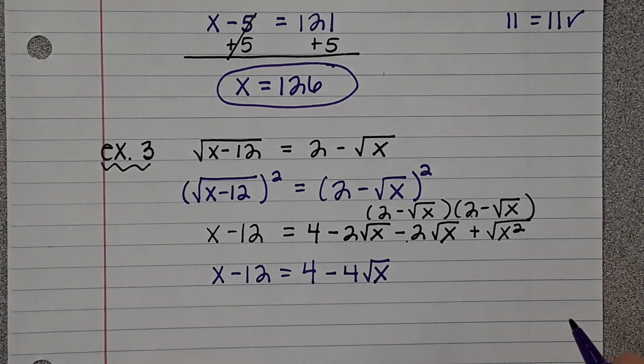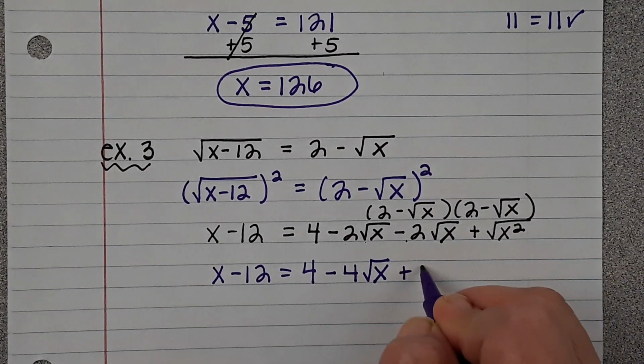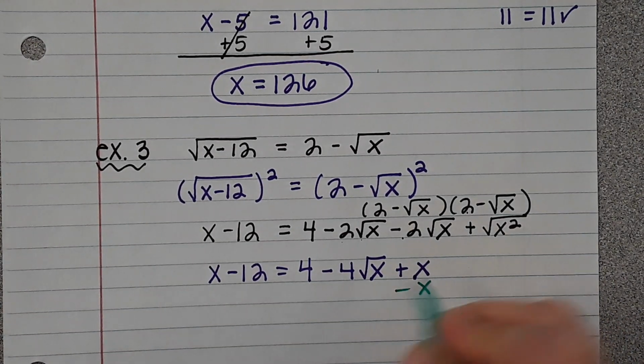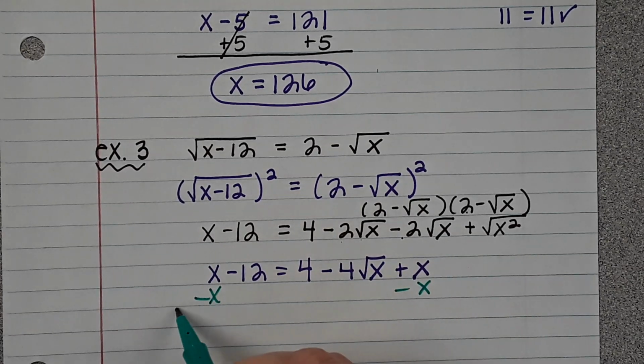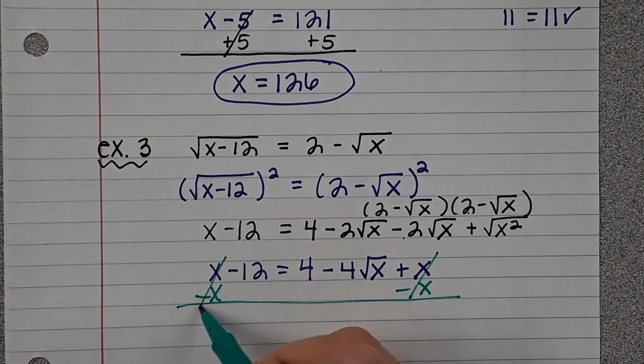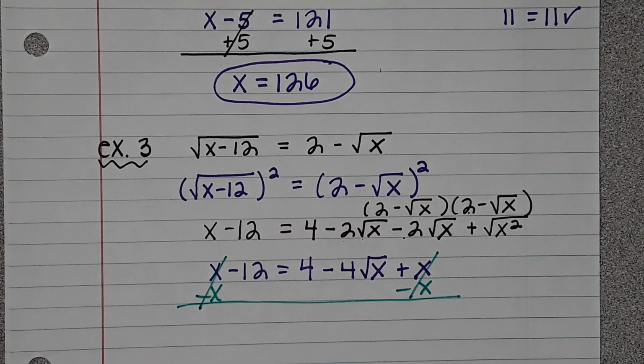It is x. So now we're down to that one square root, right? Now our job is to get that square root by itself. So I'm going to move the x, those cancel out.